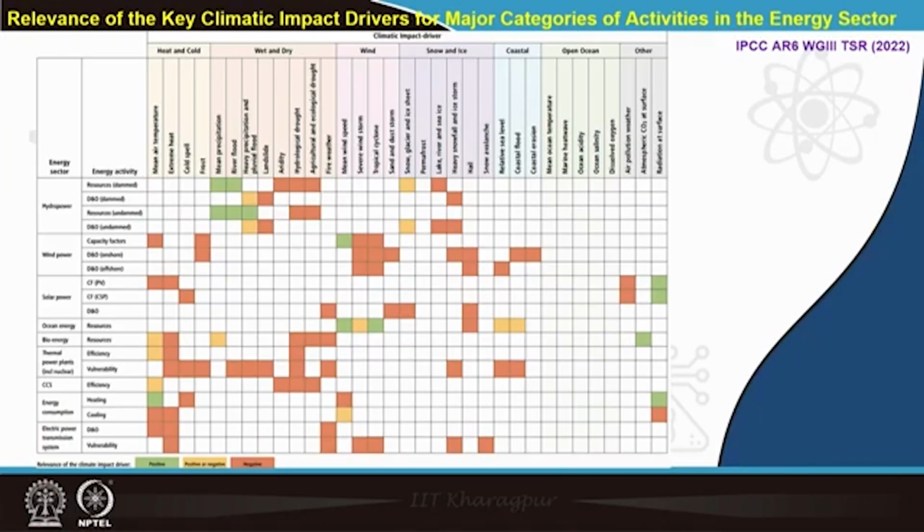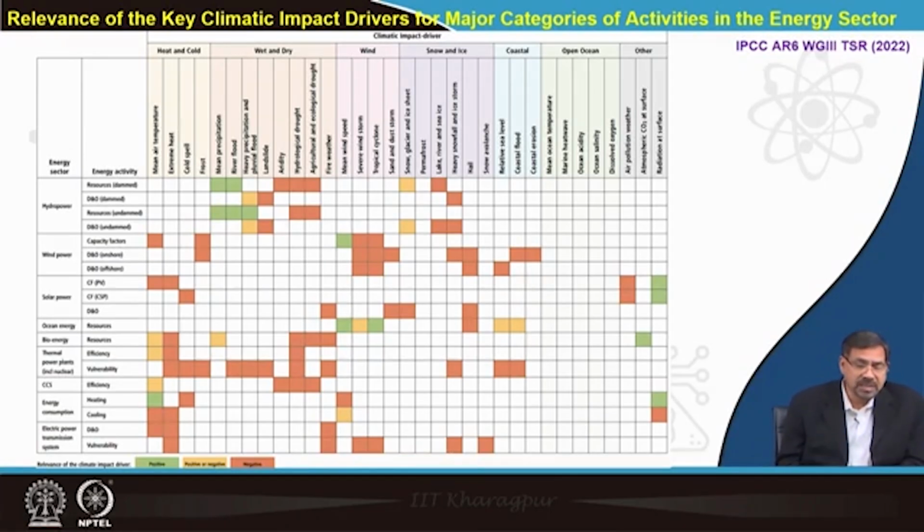Moving on, we have the relevance of key climatic impact drivers for major categories of activities in the energy sector. In terms of the energy sector, we have mentioned all these alternate energies, and in the first column, energy in terms of their activity.